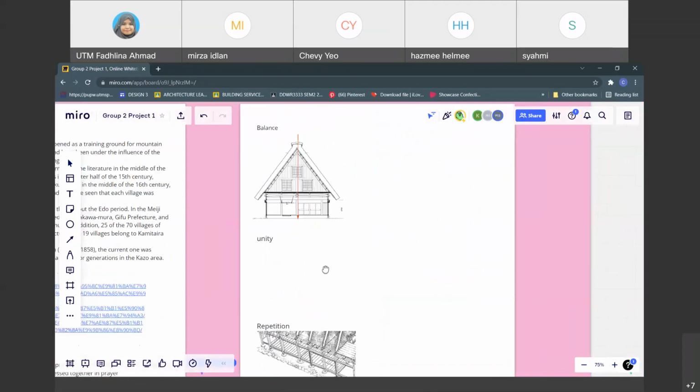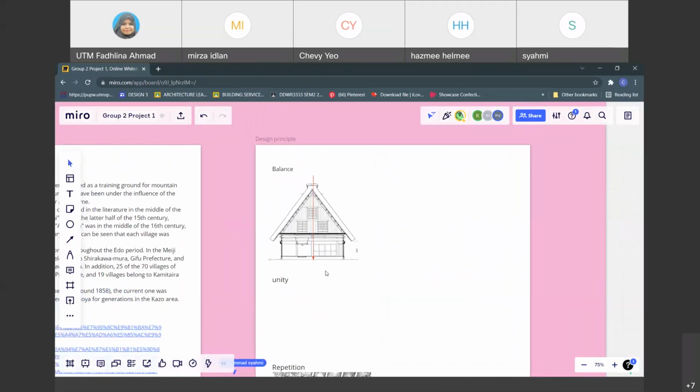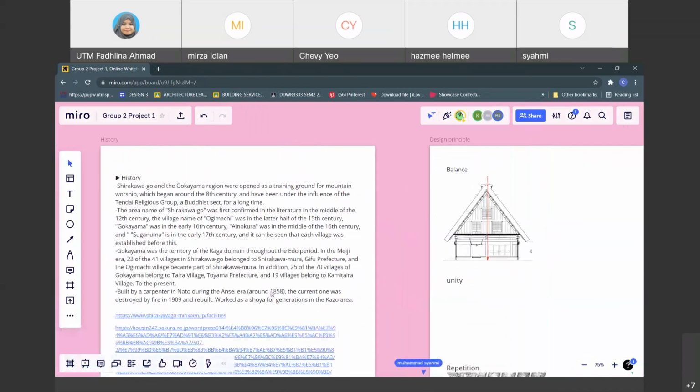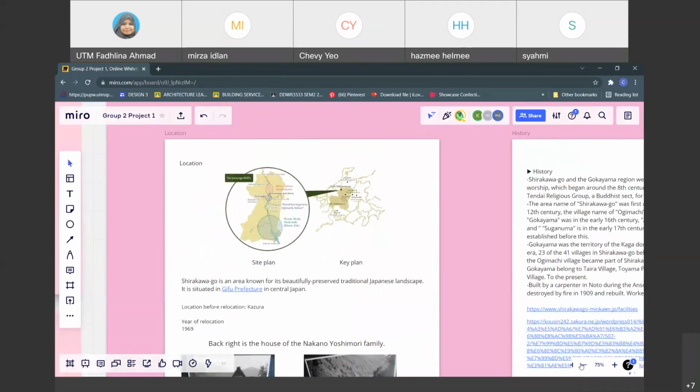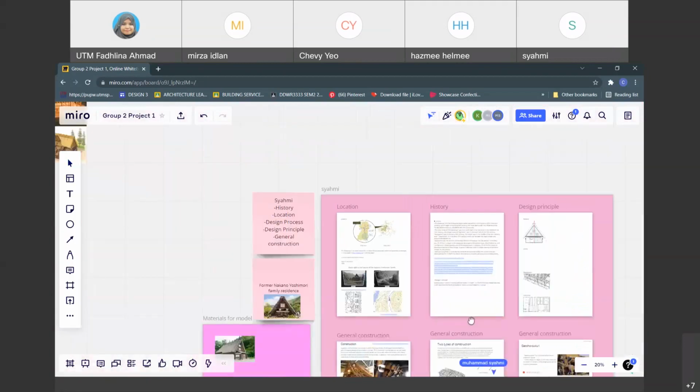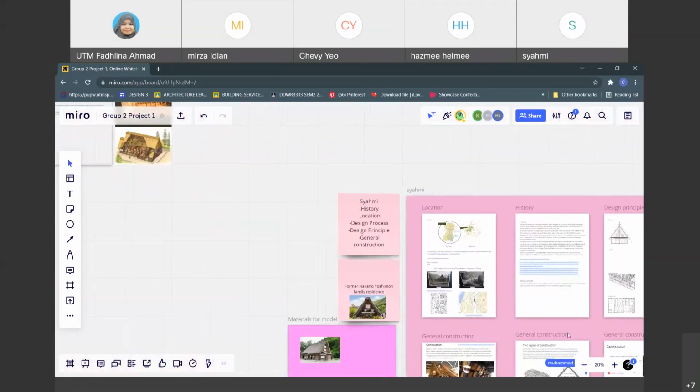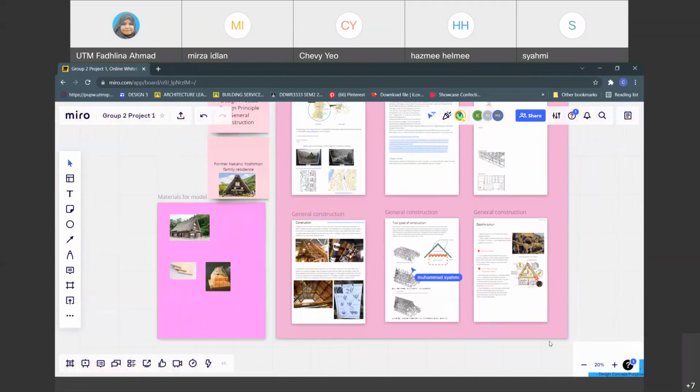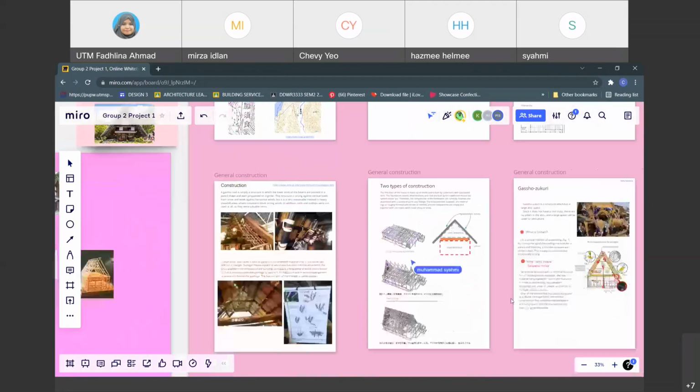Alright. How about the one that you have shown? Can you go to the left side of the screen? Okay, sorry. Lower. This one, where is it? How do I count this one?